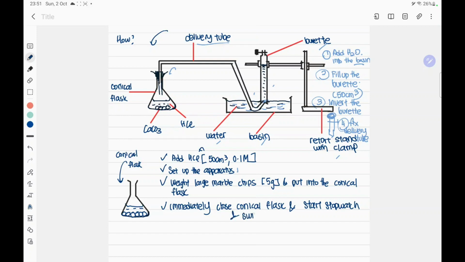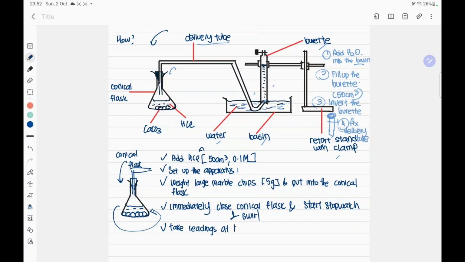and swirl the thing. Okay, you close it with the delivery tube, and then you swirl it gently. So what you're going to do now is take readings. From where?